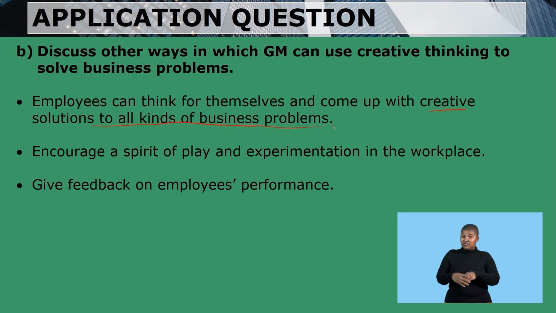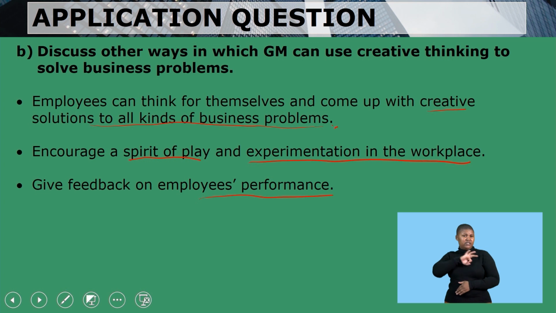Now, as you can see, this is not from the scenario. Encourage a spirit of play and experimentation in the workplace. Allow them to experiment. Allow them to make errors. So trial and error again. Give feedback on employees' performance. So this also motivates employees to do better from the feedback that you've given them.